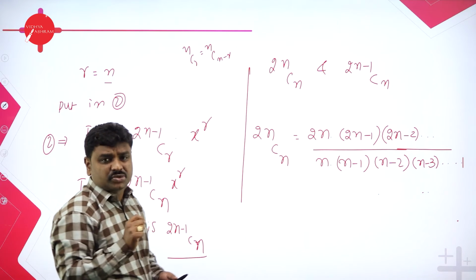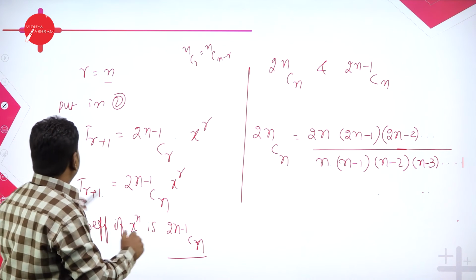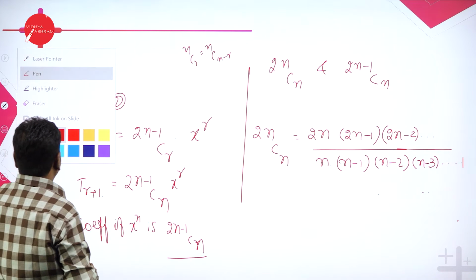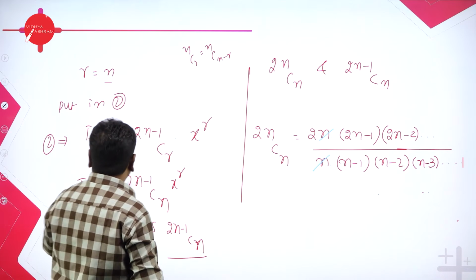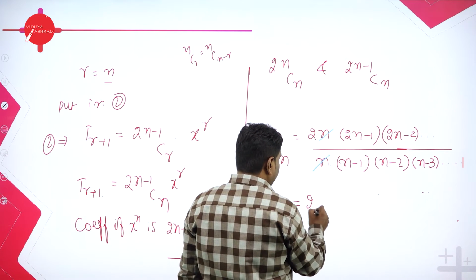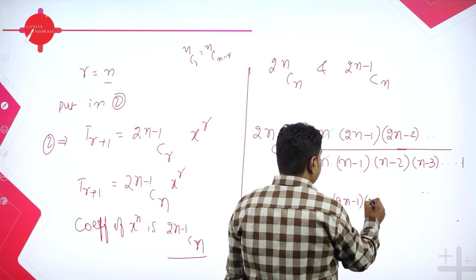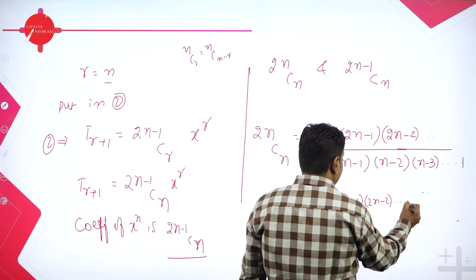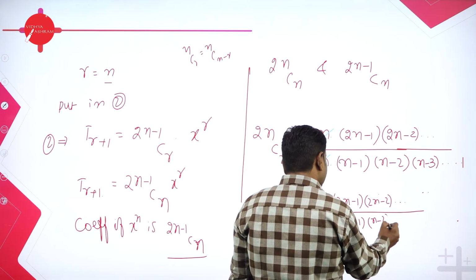You know the nCr expansion. In the numerator you take n and decrease by 1 each time, and in the denominator you take r down to 1. So now can I cancel this n and n? What is left out? 2 is left out, write it. I am having 2n−1, 2n−2, and so on, divided by n−1, n−2, till 1.